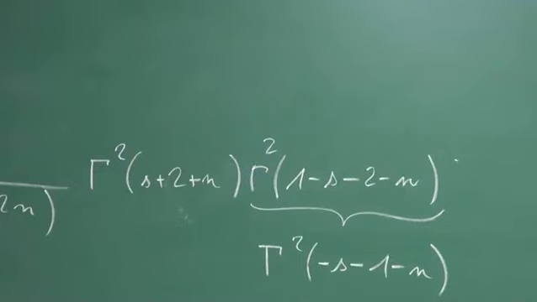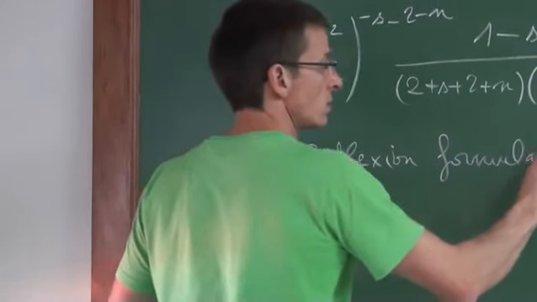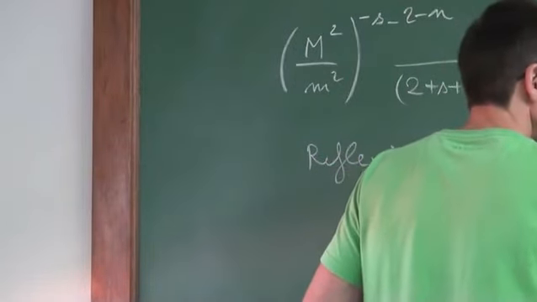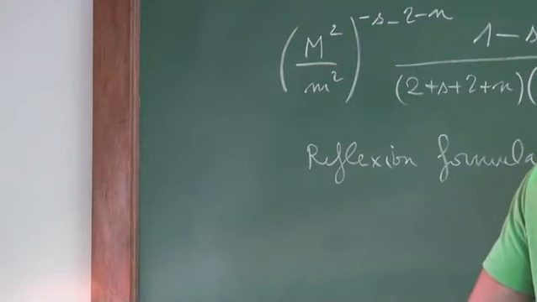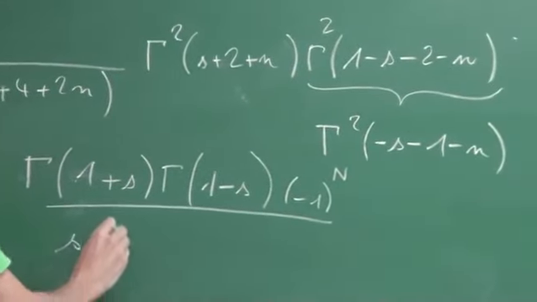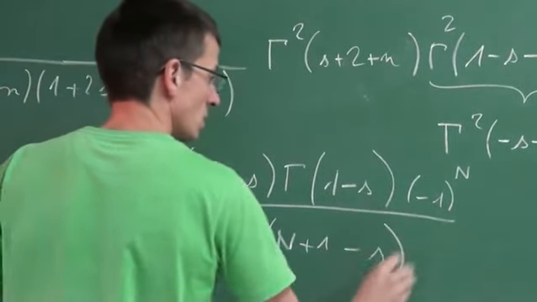But there is a so-called reflection formula, which says that gamma of s minus n equals gamma of s plus 1 plus s plus 1 minus s minus 1 to the power n divided by s gamma of n plus 1 minus s.